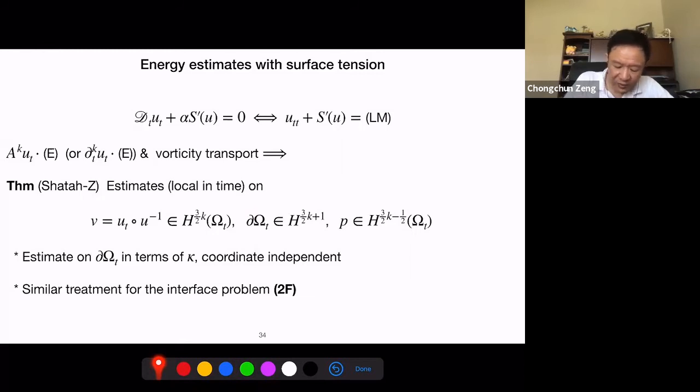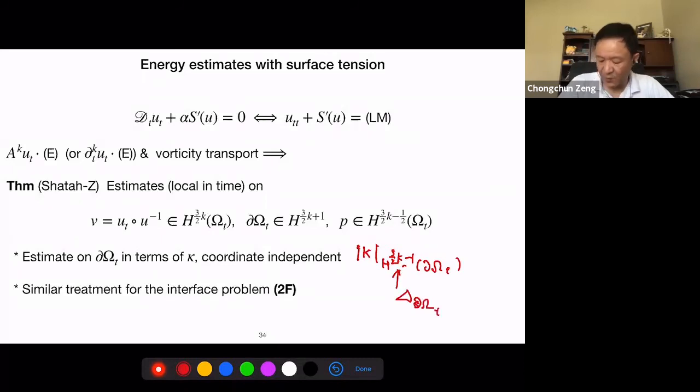And so the way we did that was really done in a coordinate independent way. And for example, the regularity of this is estimated on the curvature. We estimate the curvature, we get the estimate of the curvature in H^{3/2 k minus 1} on the boundary. And this is given in terms of the Beltrami Laplacian of the boundary.